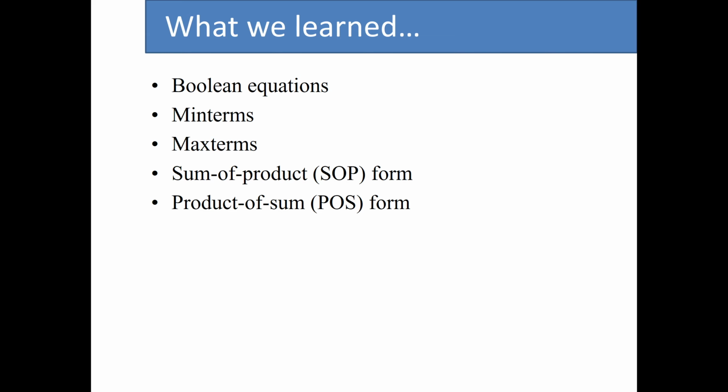So in this video, we learned the basics of Boolean equations. We talked about min terms and max terms and how they are very useful in helping us to come up with Boolean equations for specific functions. So we saw sum of product form or product of sum form. So just by knowing how to use sum of product or product of sum form, you are able to write whatever logic or Boolean equation that you want.